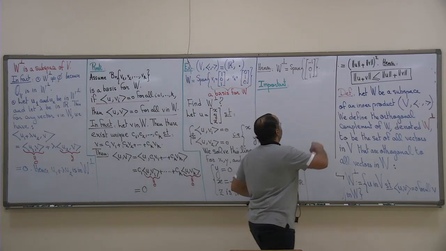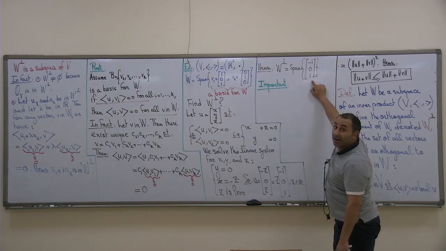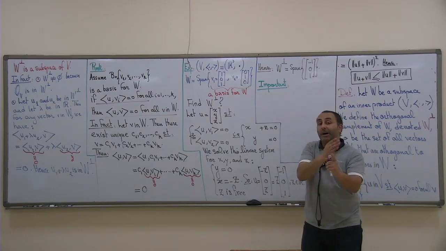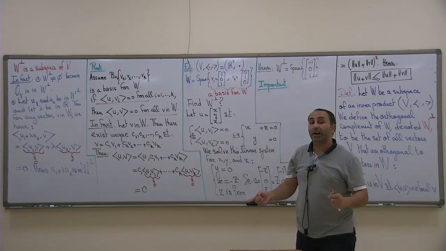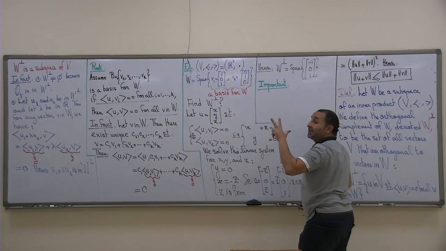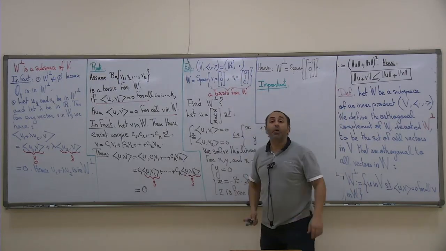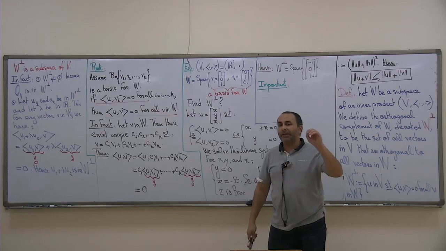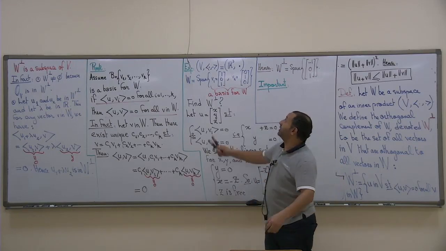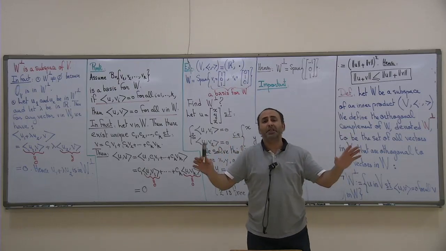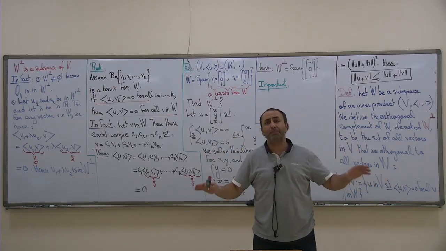And now here, if you look at the dimension of the orthogonal complement, what do you get? You get 1. If you sum the dimension of W plus the dimension of the orthogonal complement, I got 2 plus 1, it's 3. It's equal to the dimension of the whole vector space. And this will always be the case if W is a subspace of an inner product vector space V. Let's assume that the dimension of the big vector space is finite.